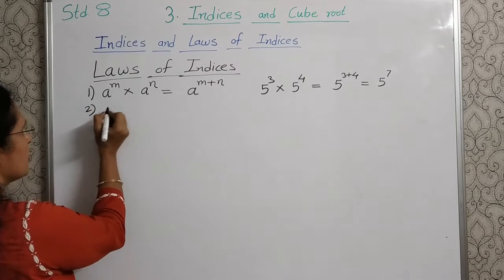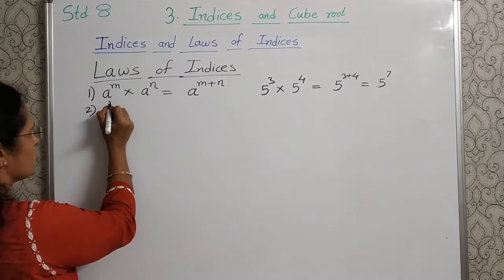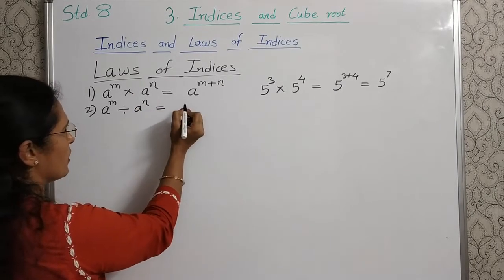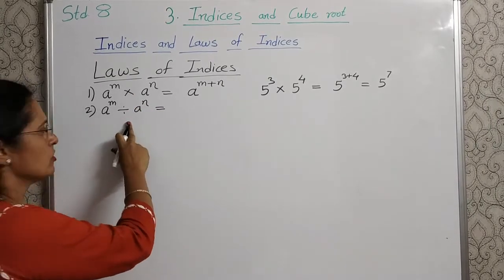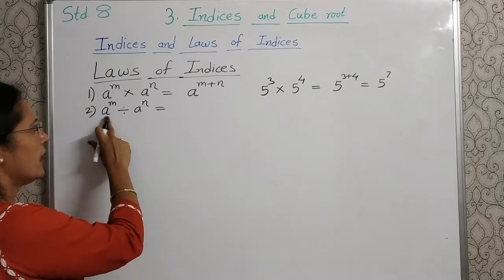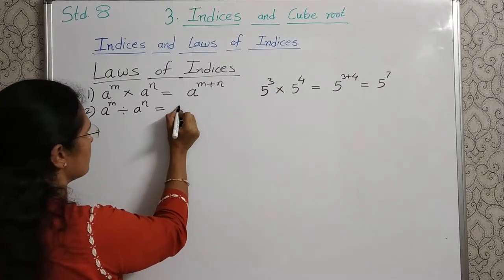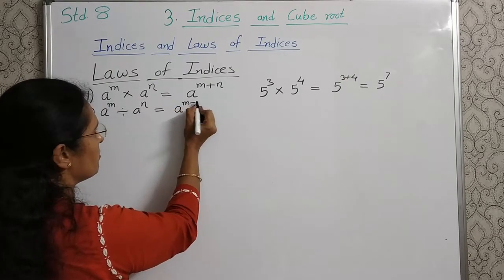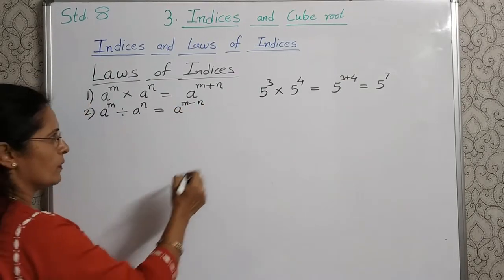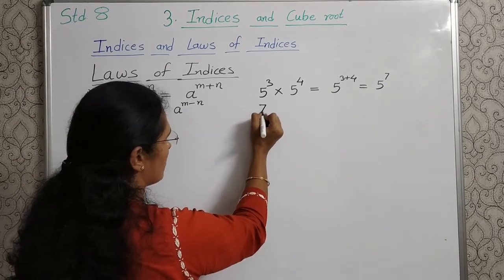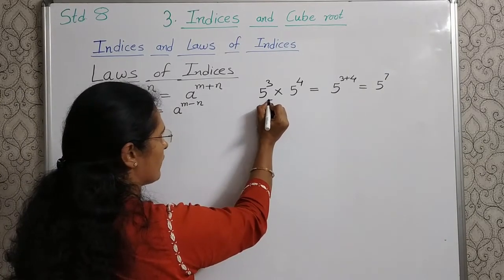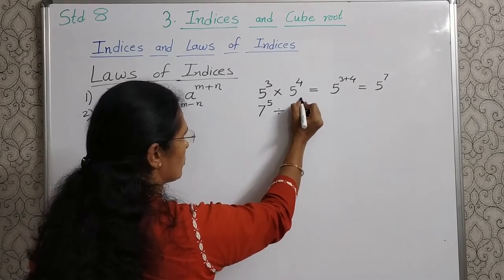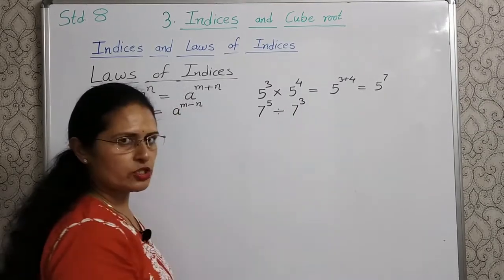Next, second law is a raised to m divided by a raised to n. Now when there is a division of these indices and base is same, then we subtract the index numbers. So a raised to m minus n. Now here we will take example 7 raised to 5 divided by 7 raised to 3, that is 7 cube.